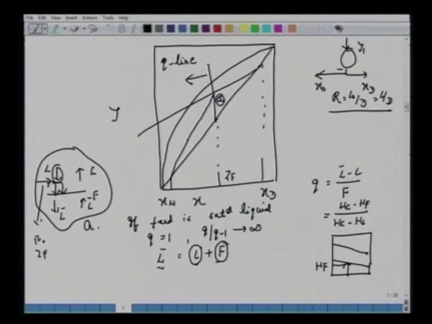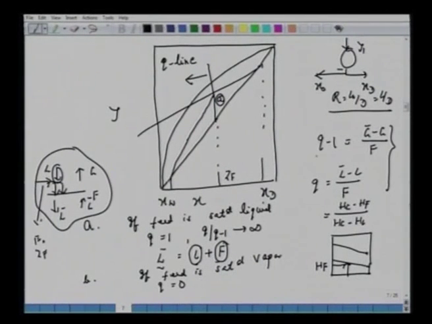The second case we will expect is if all the feed is saturated vapor. So if all the feed is saturated vapor, we are saying that q is 0. Similar to these equations, we also have q minus 1 as G bar minus G over F. So keep these two equations together.